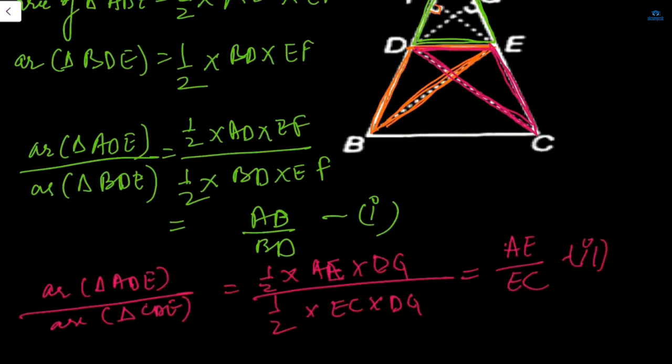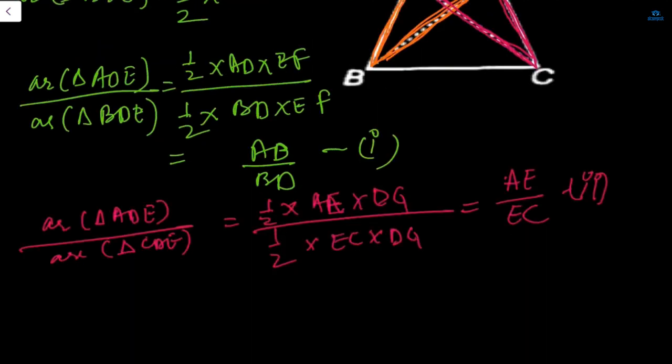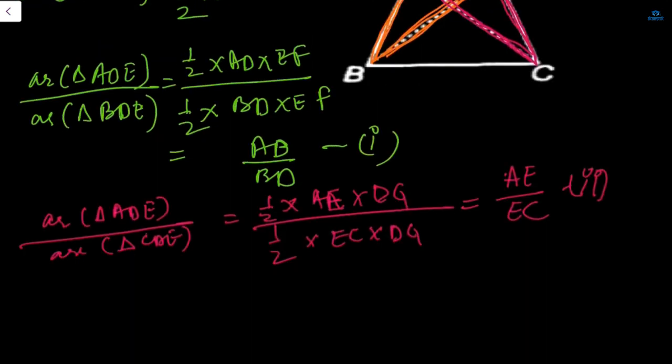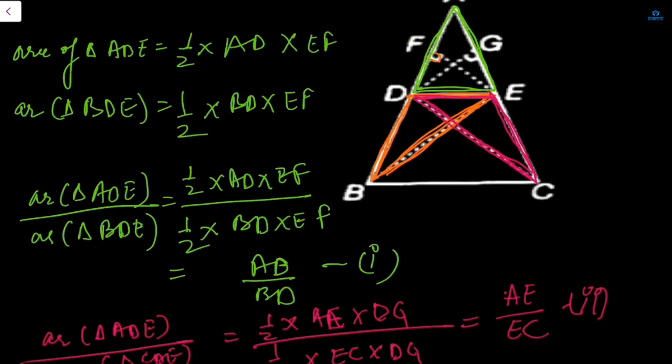Now, do you remember the theorem that any two triangles drawn on the same base and between the same parallel lines have the same area? Do you remember this theorem? Yes. So if you see, it is already mentioned that DE is parallel to BC, and DE is the same base on which your triangles BDE and DEC lie, the pink one and the orange one.